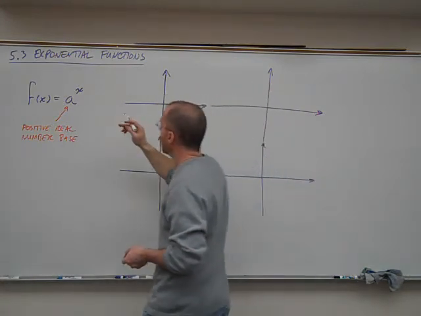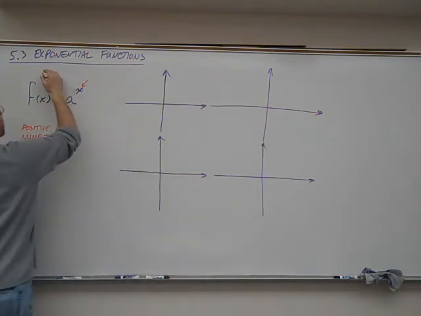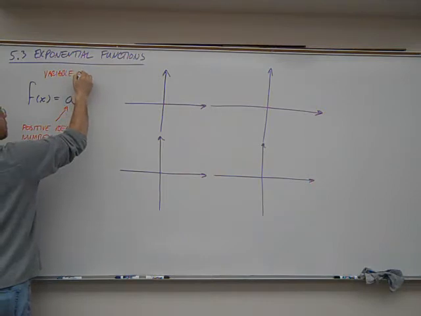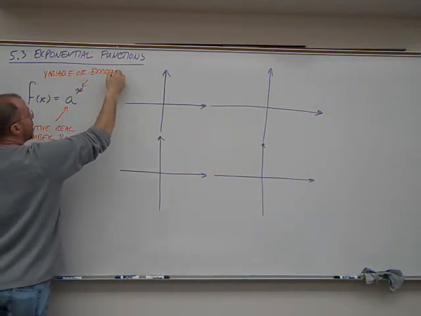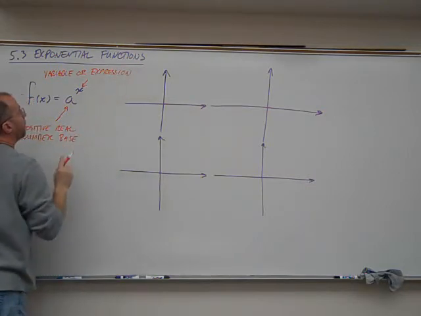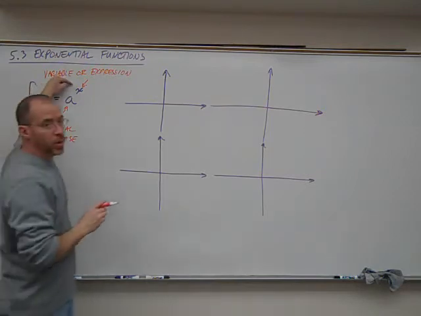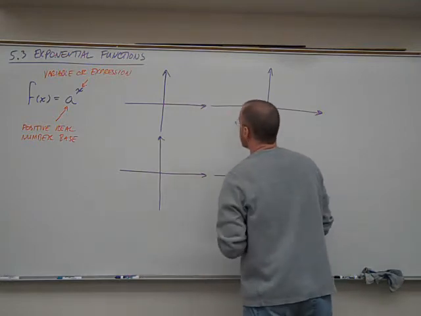And then up here you've got your variable, or sometimes an expression in the variable, maybe a formula. What makes it exponential is that you've got change happening in the exponent, that x, or a formula in x, is in the exponent.